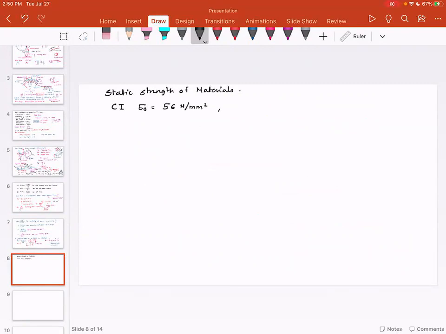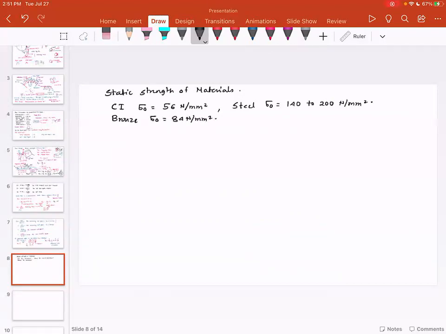If you use steel, sigma O is typically anywhere between 140 to 200 Newton per millimeter square. If you use phosphor bronze, sigma O is given as 84 Newton per millimeter square.